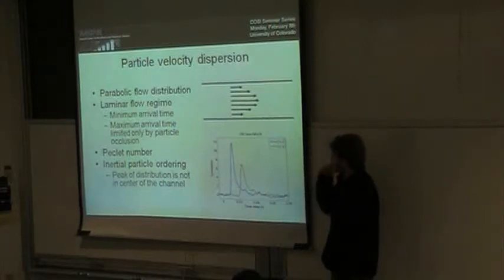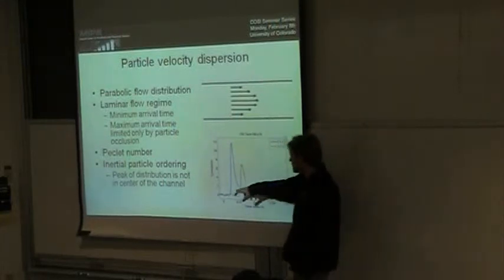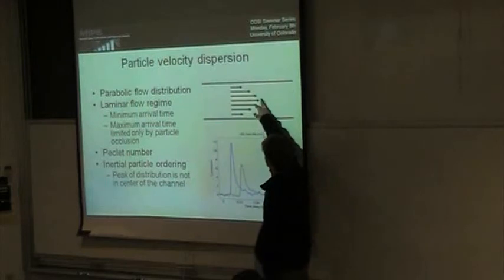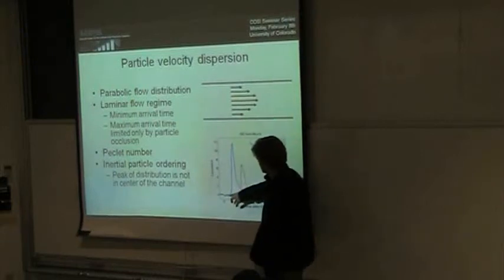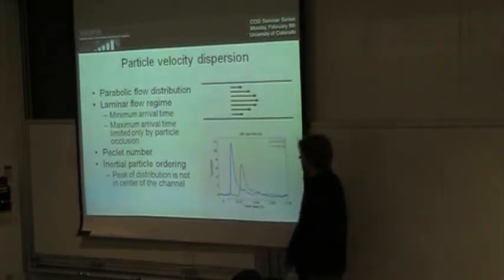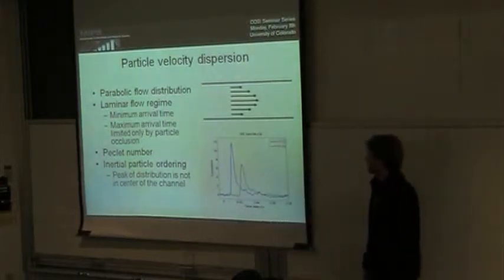And at larger Reynolds numbers, we find that most of the beads are not in the center of the channel. They find some happy medium next to the wall, and these peaks don't have such an asymmetric shape anymore. Most of the beads take some intermediate time to arrive at the next detection region.